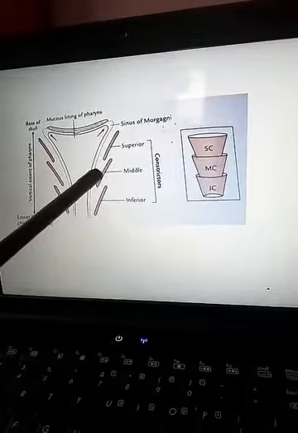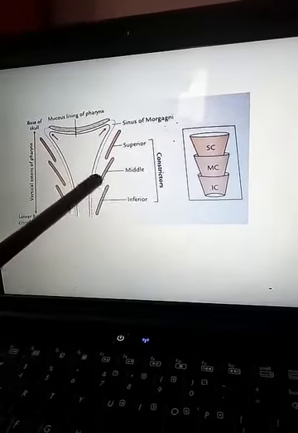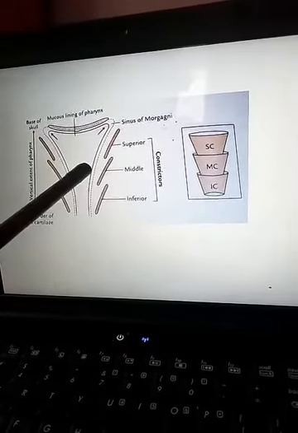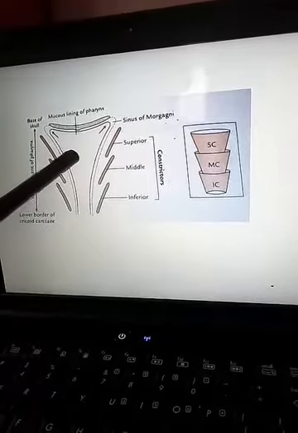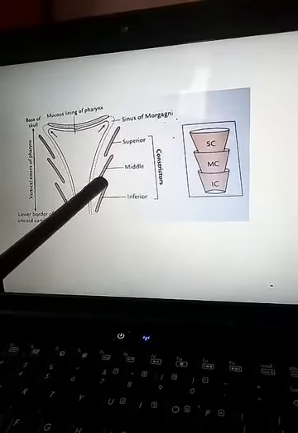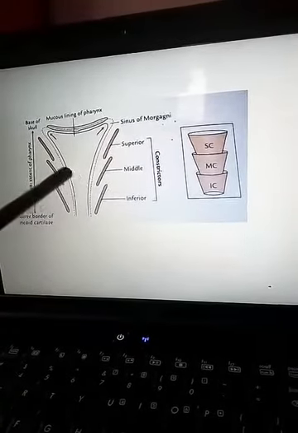They arise in front from the margins of the posterior opening of the nasal, oral and laryngeal cavities, and they pass backwards in a fan-shaped manner into the lateral and posterior wall of the pharynx to be inserted into the median fibrous raphe on the posterior aspect of the pharynx.